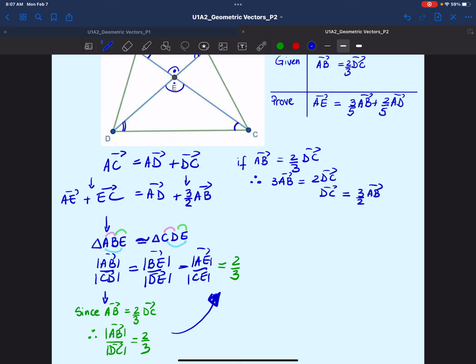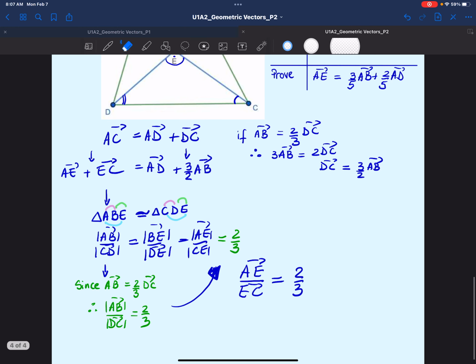This is one ugly arrow. So we're going to say that vector AE over vector EC, I'm going to align them based on the direction, so AE and EC, so the ratio stays positive, must be 2/3. So that will make vector EC, or I'm going to follow the long way here just for the purpose of explaining.